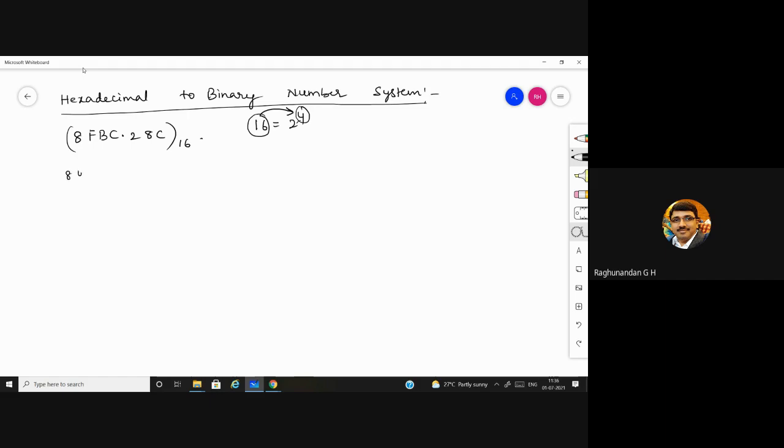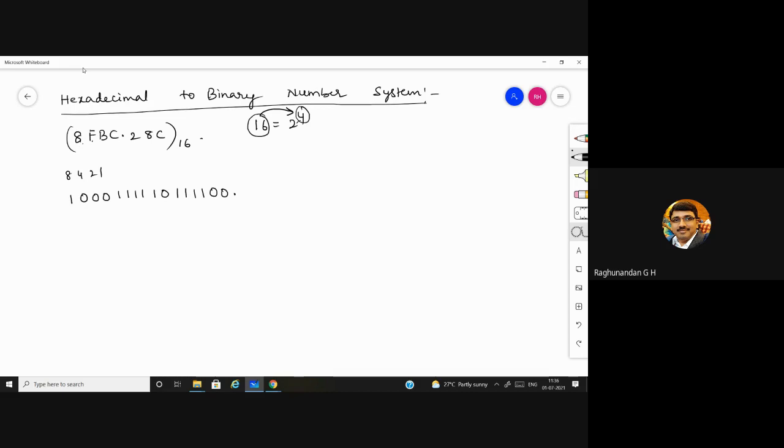As we have the 8421 code, for 8 we will write 1000. For F, what is the value? 1111, all ones. For B, we have 11, so 11 means 1011. For C, we have 12, that is 1100.